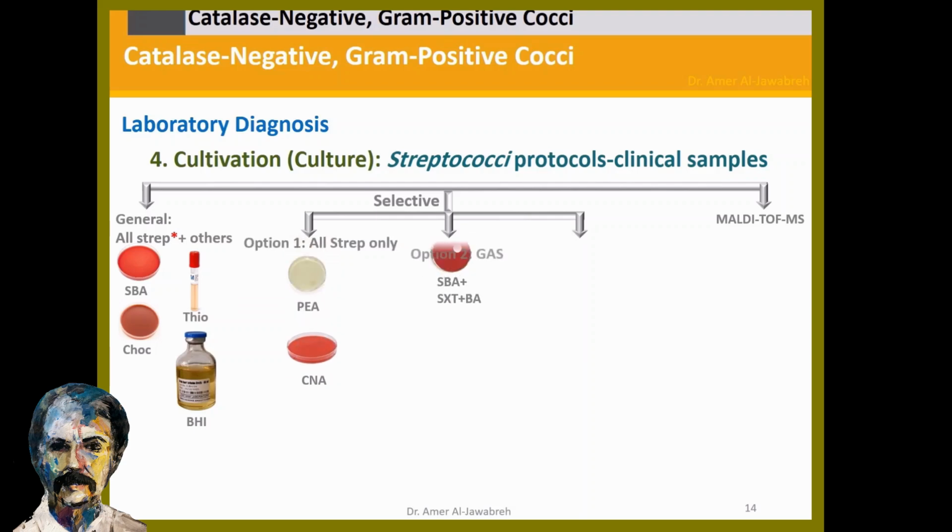Then we have selective. In selective media, you have options 1, 2, 3. In a lab, you are not going to use the 3 options together. You only use one option, the one you think is better for you. If you are a lab that receives lots of high vaginal swabs for group B, then go for this option, Todd Hewitt or chrome agar.